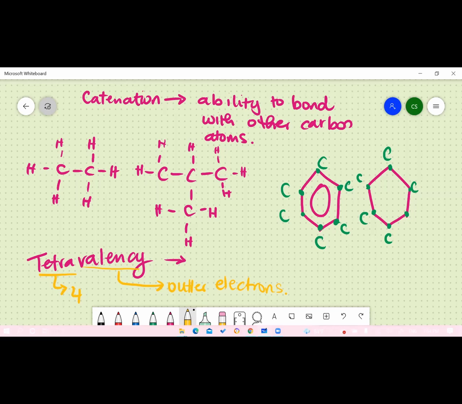So it's the ability of carbon to bond with 4 other atoms, right? Exactly. With 4 other atoms.